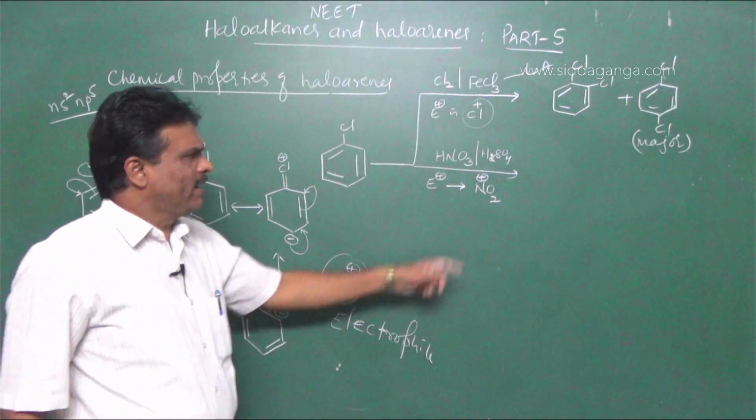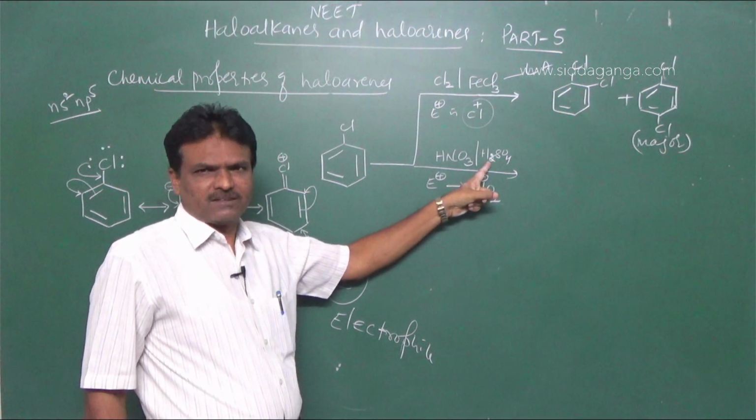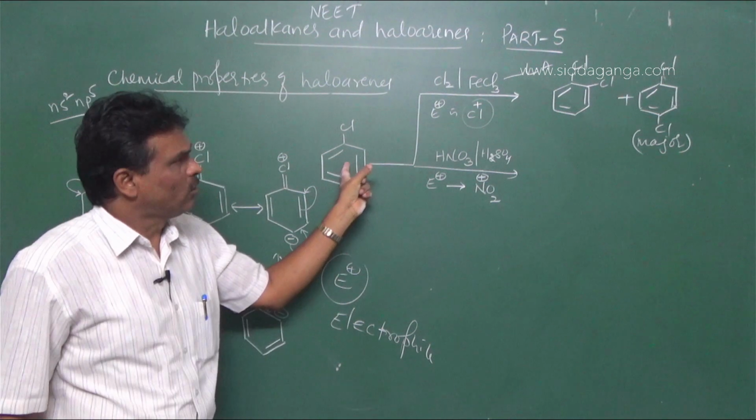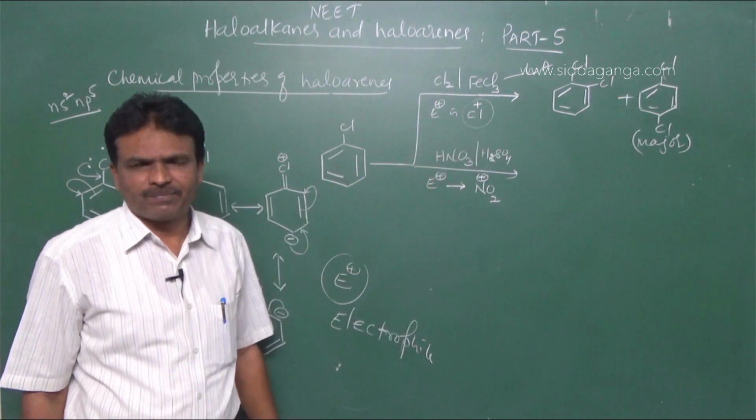The nitronium ion is generated by concentrated sulfuric acid. In the chlorination of chlorobenzene, the active reagent is the chloronium ion.